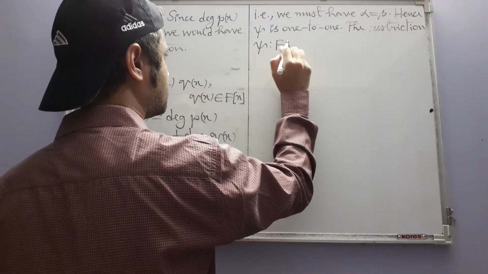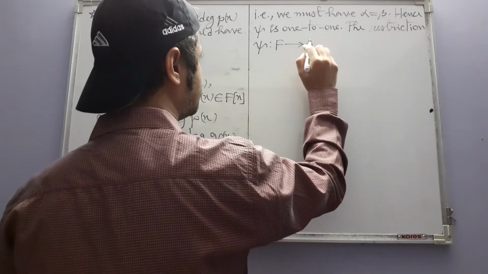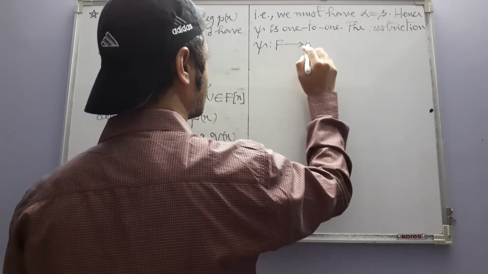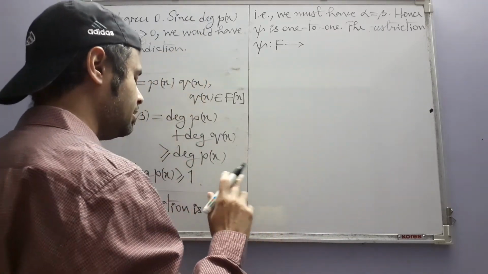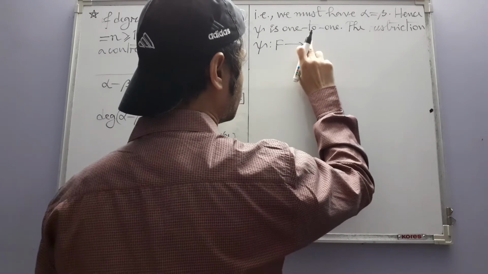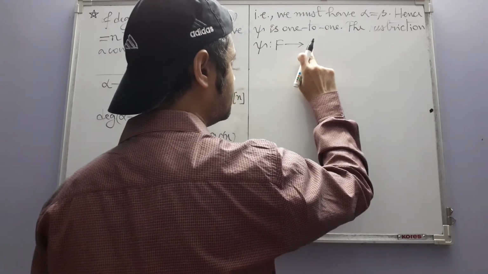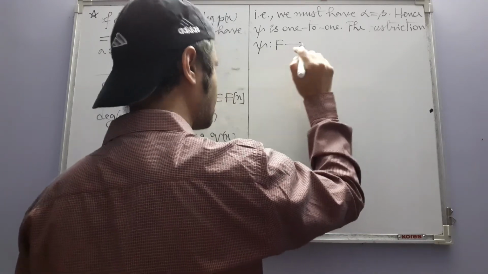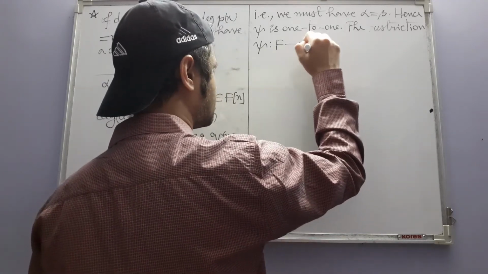psi from F to, now we are modifying even the restriction, because if I choose to write the image of F under psi here, then that makes sense. Let's just write this restriction itself.